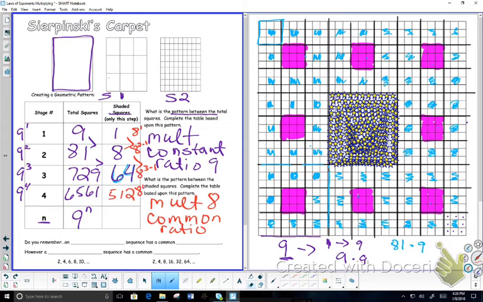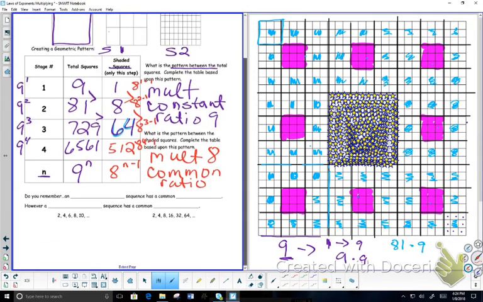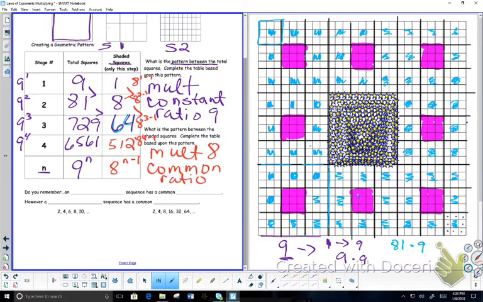This would be 8 to the 4 minus 1. So what you'll notice is the pattern is 8 to the term minus 1, okay? Because this up here would be 1 minus 1. And go ahead in your calculator, type in 8 to the 0, because 1 minus 1 is 0, and you'll notice you get an answer of 1. Anytime you raise something to the 0 power, you get an answer of 1.